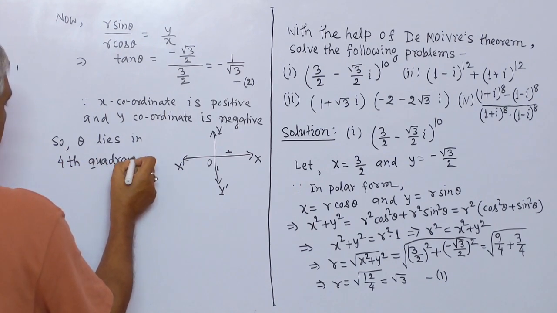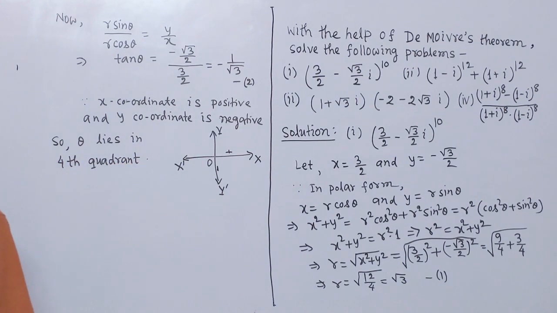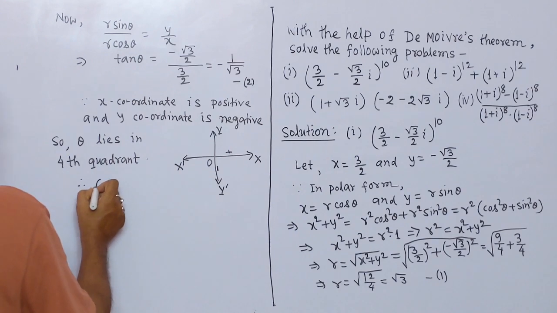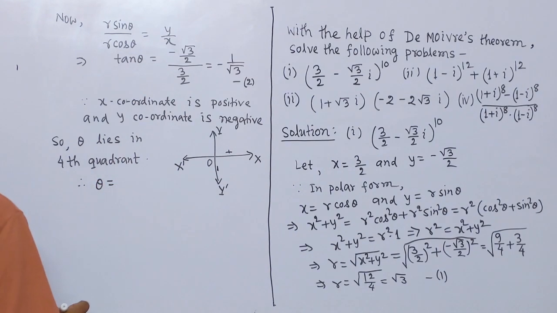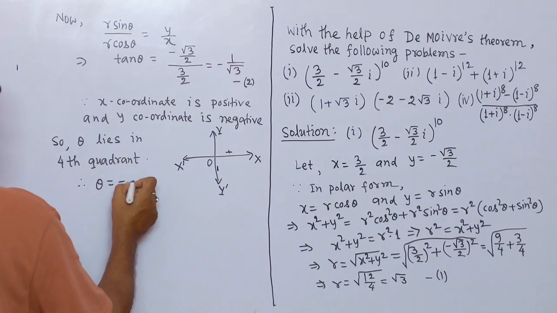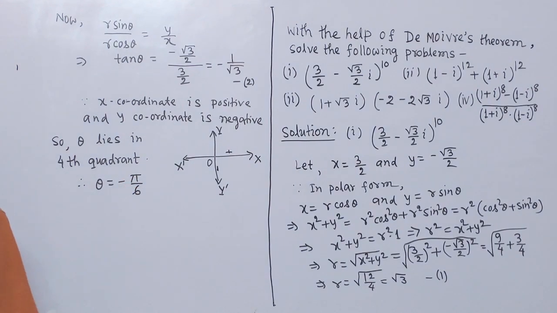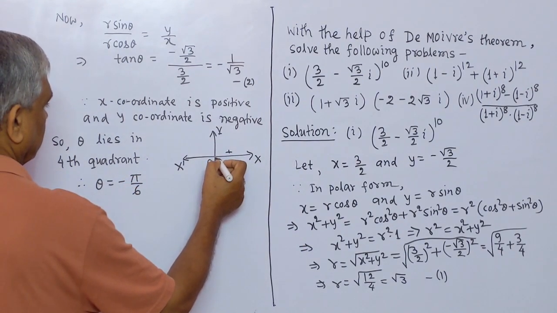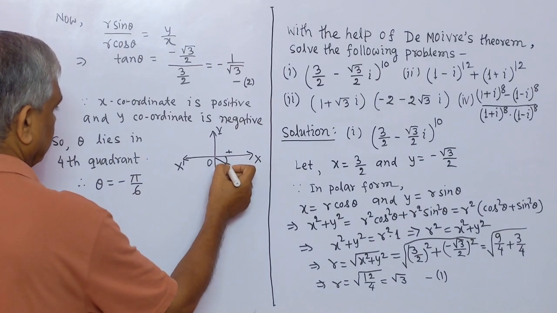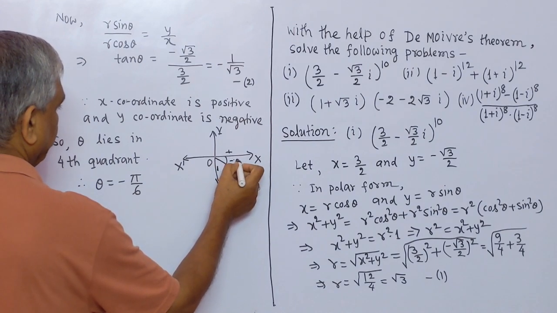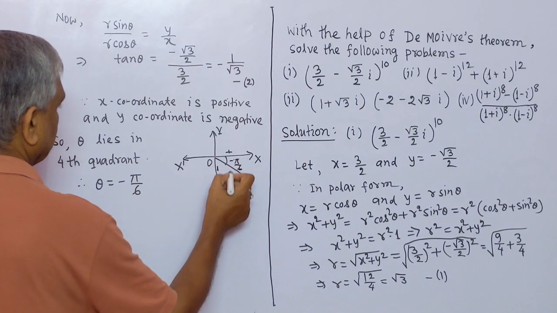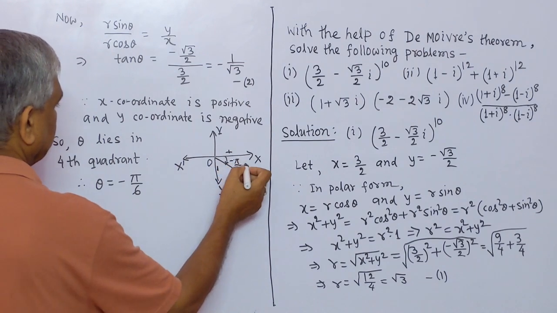Therefore, theta equal to minus pi by 6. This is minus pi by 6, this angle, theta.